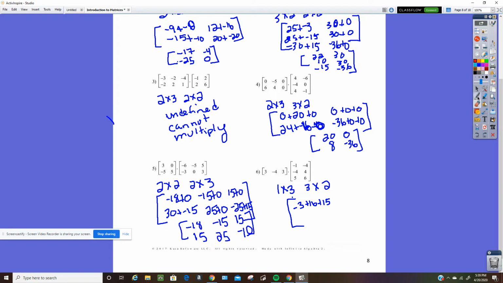The other entry is going to be -12 plus -12. Oh, that's -16. All right. Plus 18.